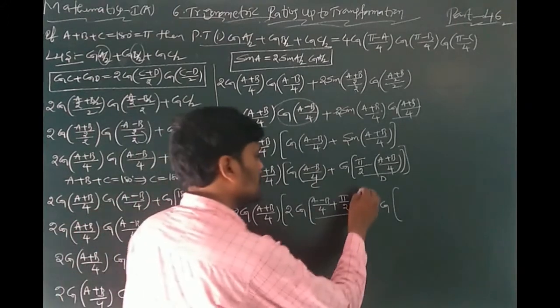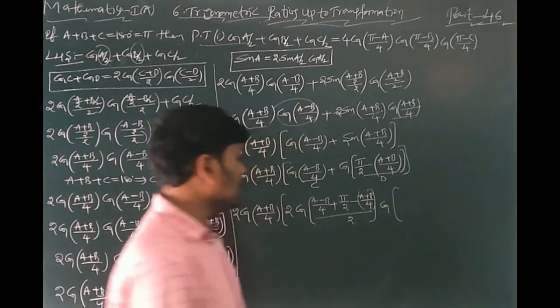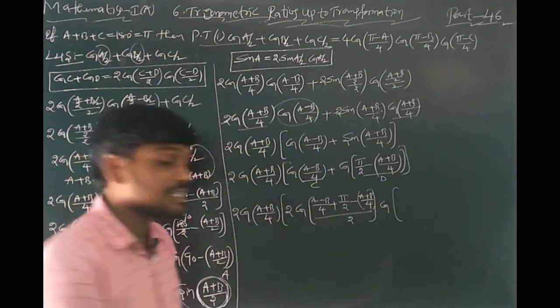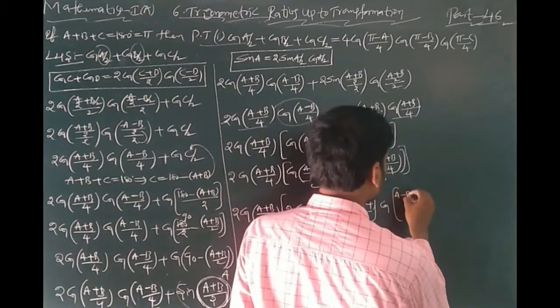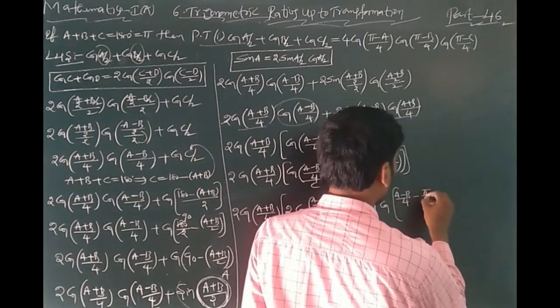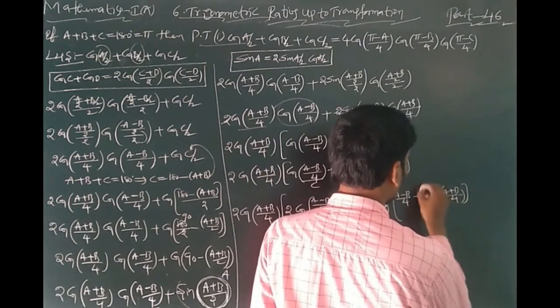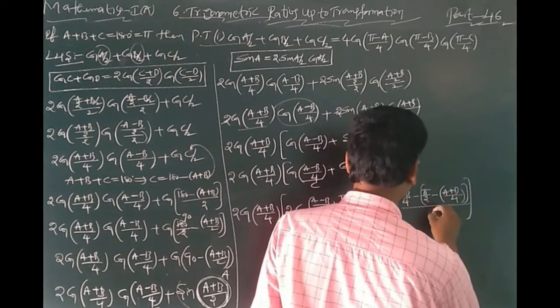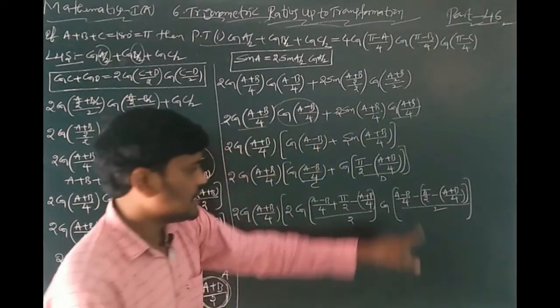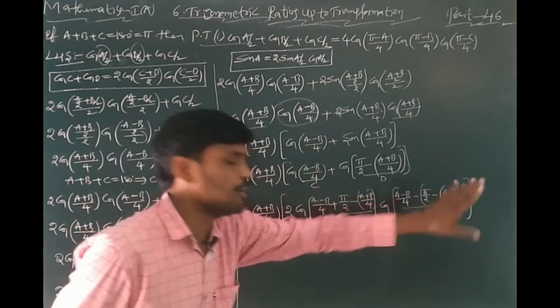Understood or not, students? After the cos, here C plus D by 2 completed. Yes, C minus D: a minus b by 4 minus of pi by 2 minus of a plus b by 4, whole by 2. This is C minus D by 2.